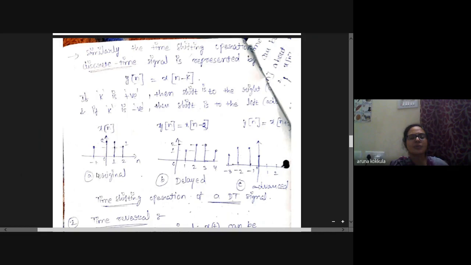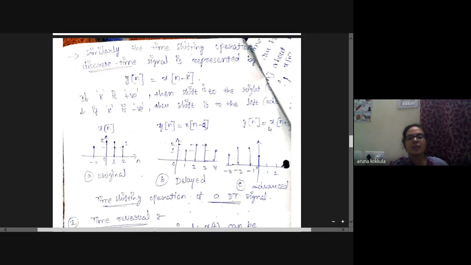Try to add n is equal to 2 to each and every value of the actual signal x of n. By adding n is equal to 2, minus 1 is shifted to 1, and the last one, 2 plus 2, is shifted to 4. It's nothing but your signal is delayed.